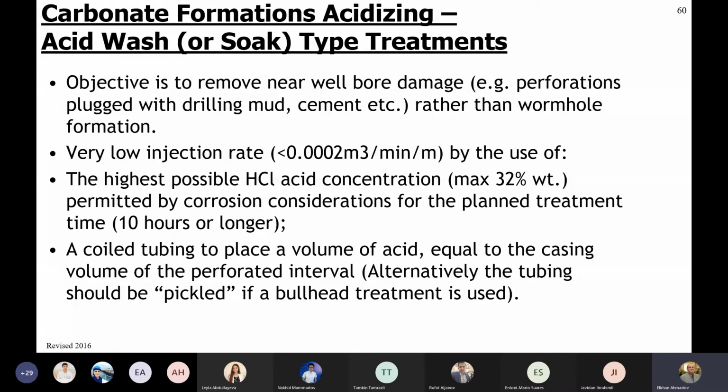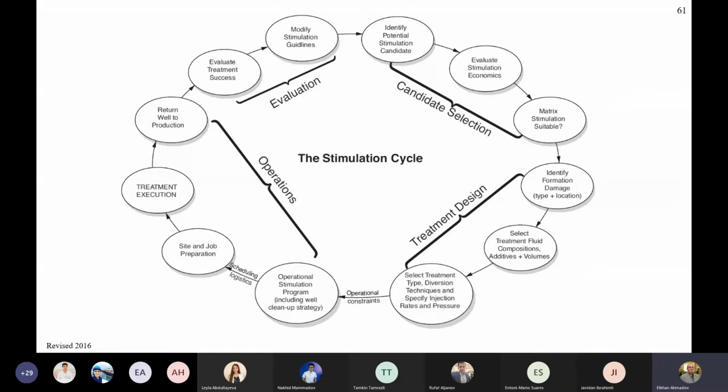So this is what we covered yesterday, all about candidate selection, treatment design, and operations. Now evaluation is another important part, where we evaluate treatment success and, if there is a need, modify stimulation guidelines.